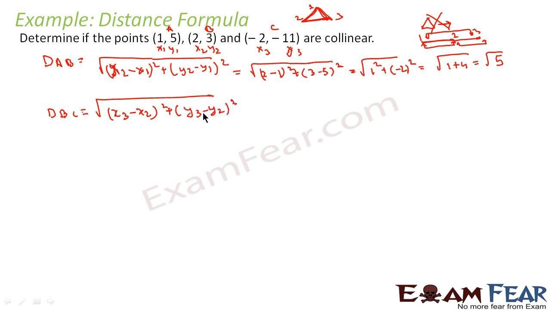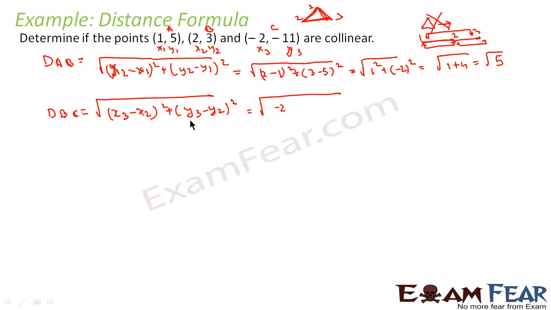Please note it is y3 and y2 here, why 3 and 2 this time? Because earlier we were taking points A and B, where A was (x1, y1) and B was (x2, y2). Since here we are talking about the distance between points B and C, we take these 2 points, B and C. In C we had 3 and in B we had 2. What is the value of x3? Minus 2.